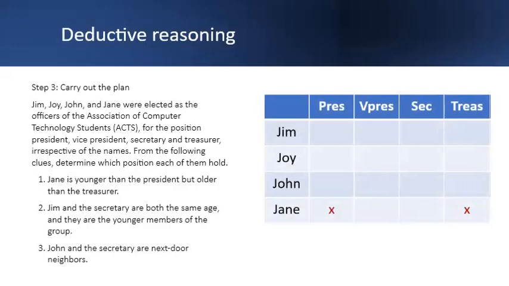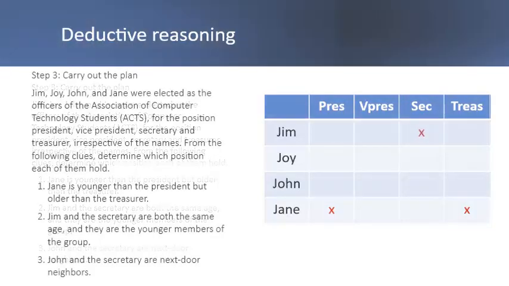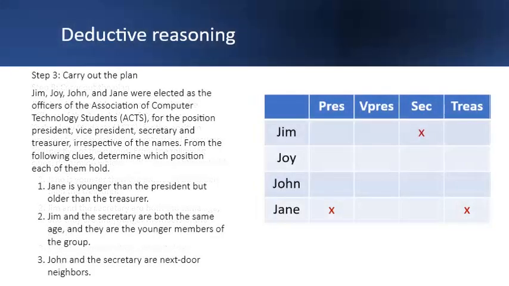So starting with the first clue, Jane is younger than the president but older than the treasurer. This implies that Jane is neither the president nor the treasurer. The second clue states that Jim and the secretary are both the same age and they are the younger members of the group.